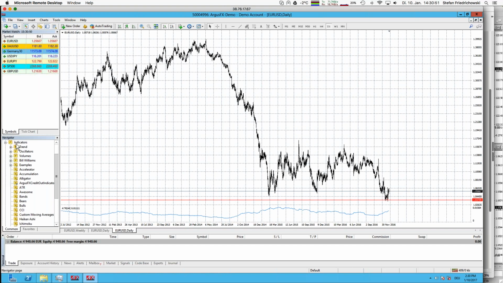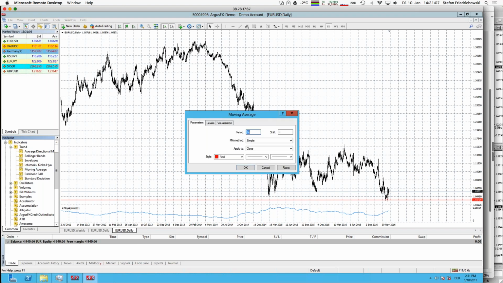The next step is to set the EMA within our chart window. Within our indicators, we have one subclass which is called trend. If we open up this one, we have one indicator with the name moving average. Let me simply throw that one on the chart as well. I want to change the period to 200. Now I have to choose the methodology of calculation, so the MA method.